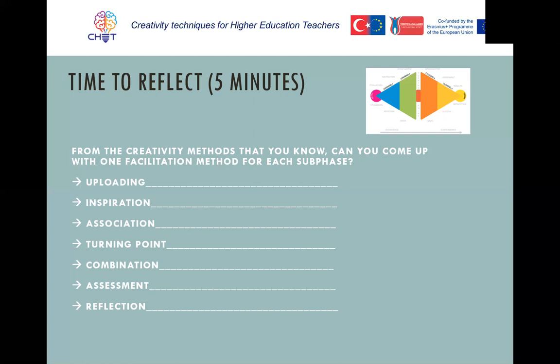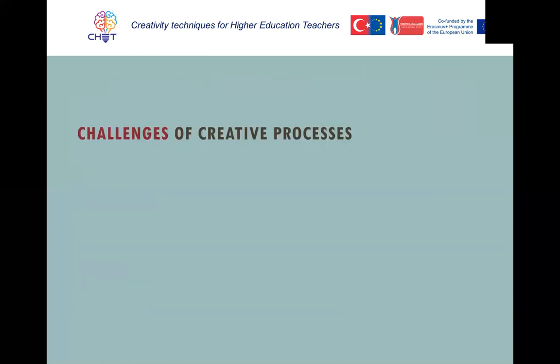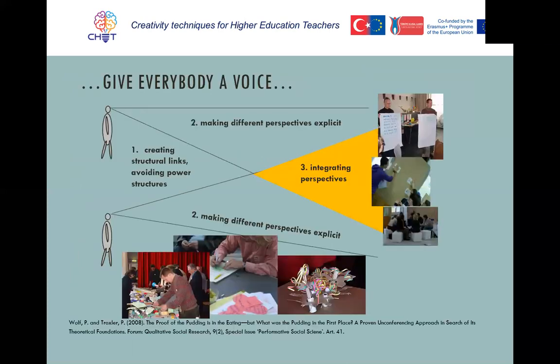So now I'm going to move to the next topic, and the next topic is challenges of creative processes. Challenges of creative processes relate to the actual structure you should give to such processes.